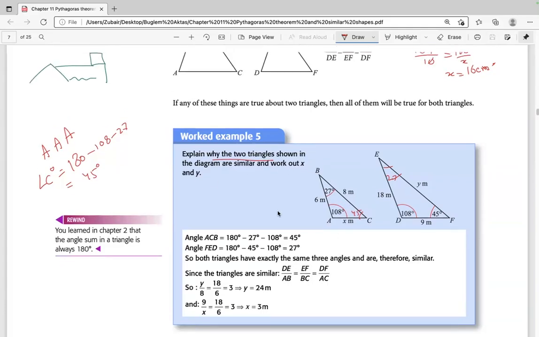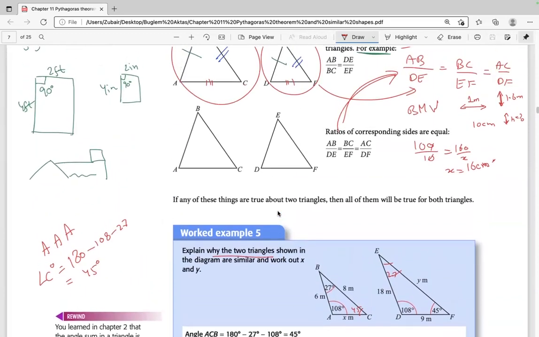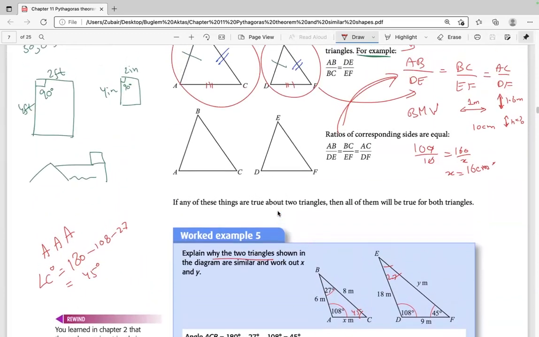Now, if I hide this working, we need to understand the similar sides. I'm going for x first. If I write x, what is the similar side to x? It's going to be D to F, so it's going to be 9. 9 is equal to, now I need a known pair.